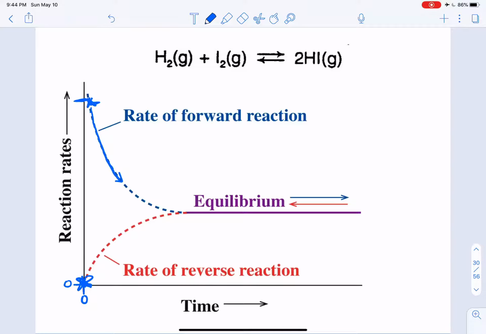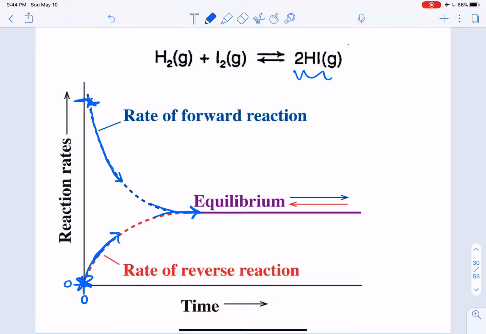Now, as the reaction progresses and we're making more and more of our product, the product molecules have an easier time finding each other, and we can see that the rate of the reverse reaction starts to increase. There's going to be a certain point where the rate of the forward reaction equals the rate of the reverse reaction, and the concentrations of H2, I2, and HI are constant.